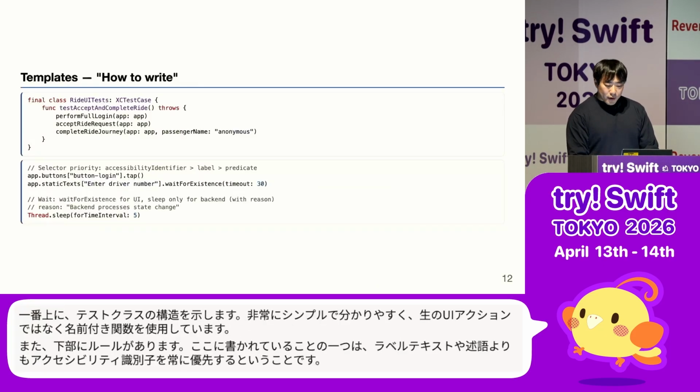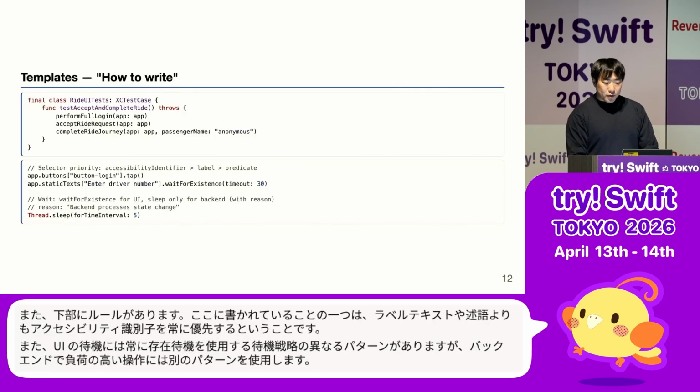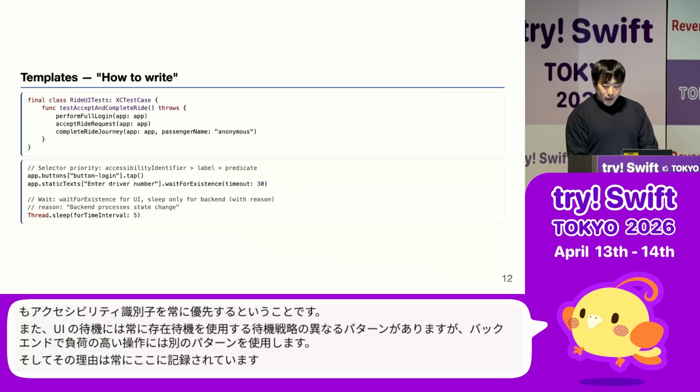We also have different patterns for the wait strategy: always use wait for existence for UI waits, but use thread sleep for backend-heavy operations, and it's always documented here with the reason. So without templates, every generated test has a slightly different style. But with templates, they're very consistent.